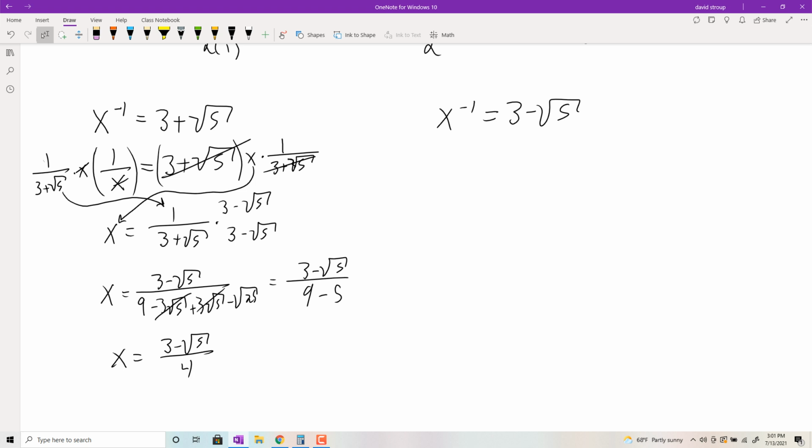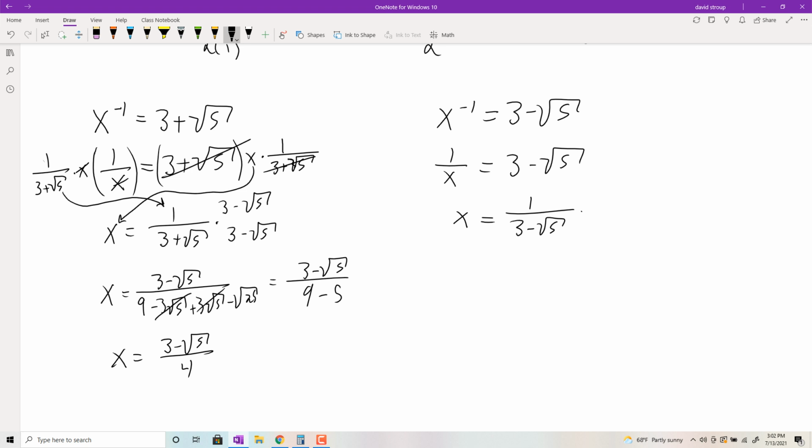That's one answer. The other answer over here, again, you could just flip both sides. So originally, if you rewrite x to the negative 1, that's 1 over x. The other side stays the same. Then you could flip both sides. So instead of 1 over x, x over 1. Instead of 3 minus root 5, 1 over 3 minus root 5.